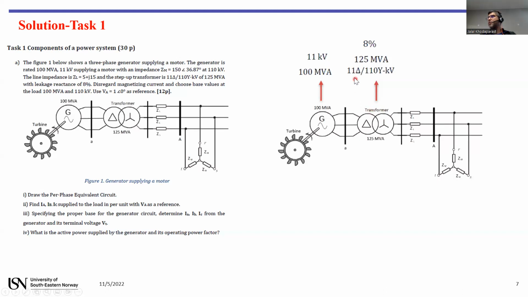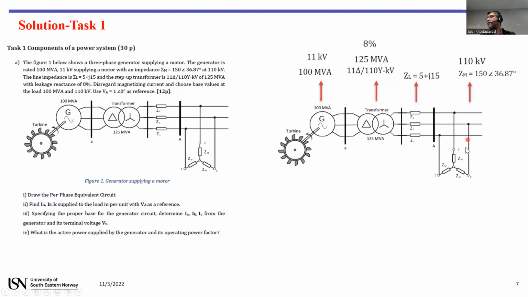Regarding the transformer, we know the type of connection, delta on the left side and star on the right side, the voltage on both windings, and the rating, 125 MVA and 8%. And this one is the impedance of the line, but it is in ohm. You have to convert it to per unit later.